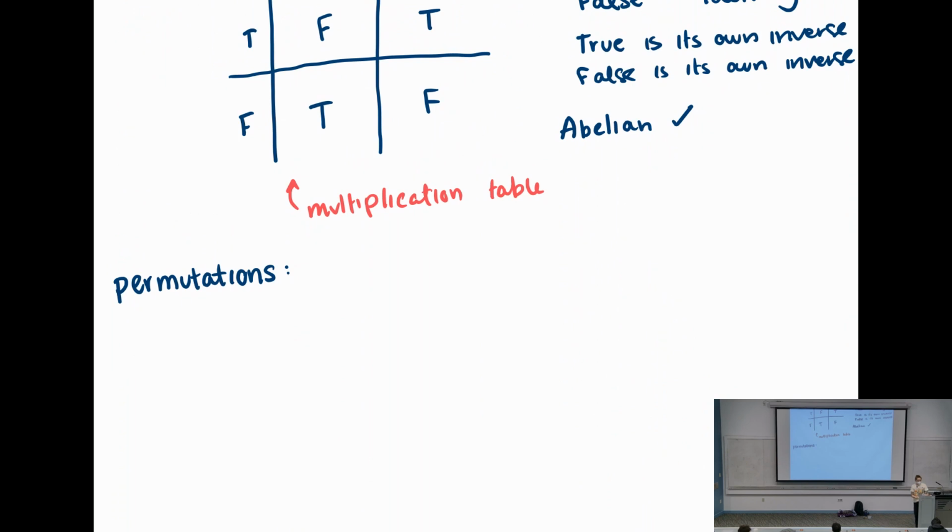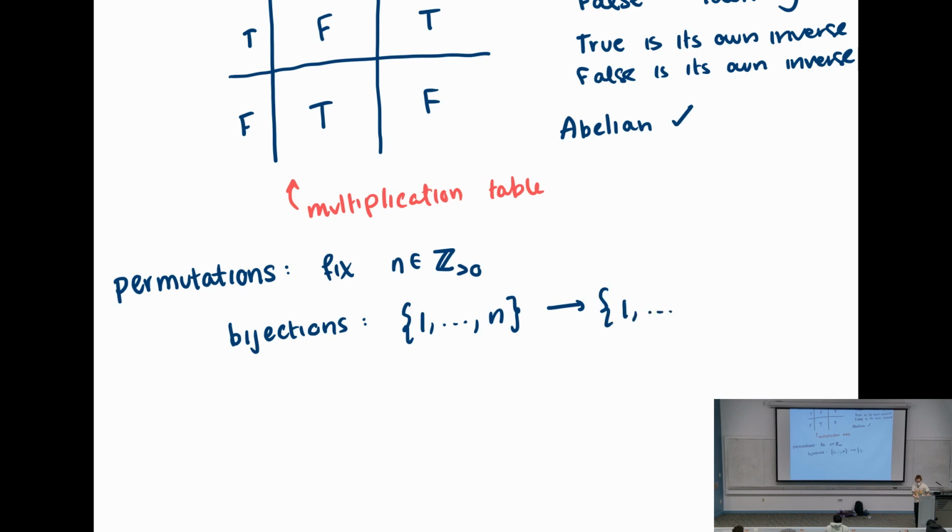Okay, so what are permutations? Usually you fix a positive integer n, so we'll take n from Z greater than 0. And then permutations are bijections from the set 1 up to n to the set 1 up to n.